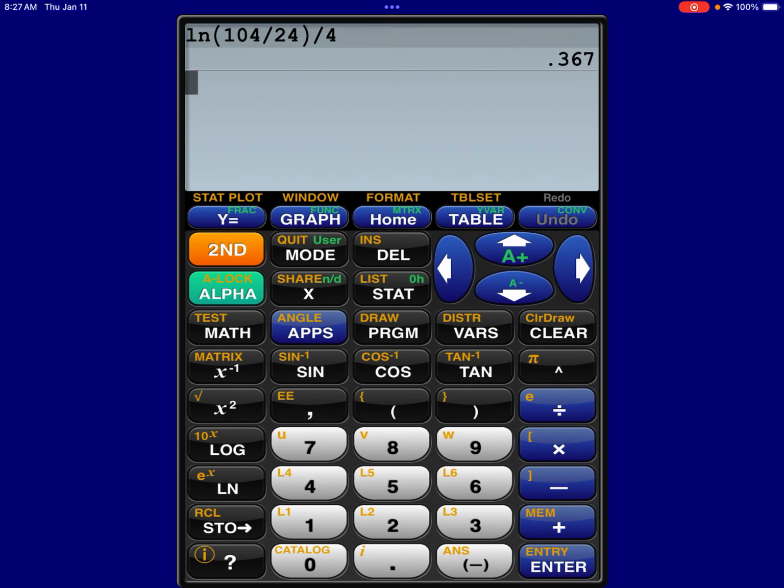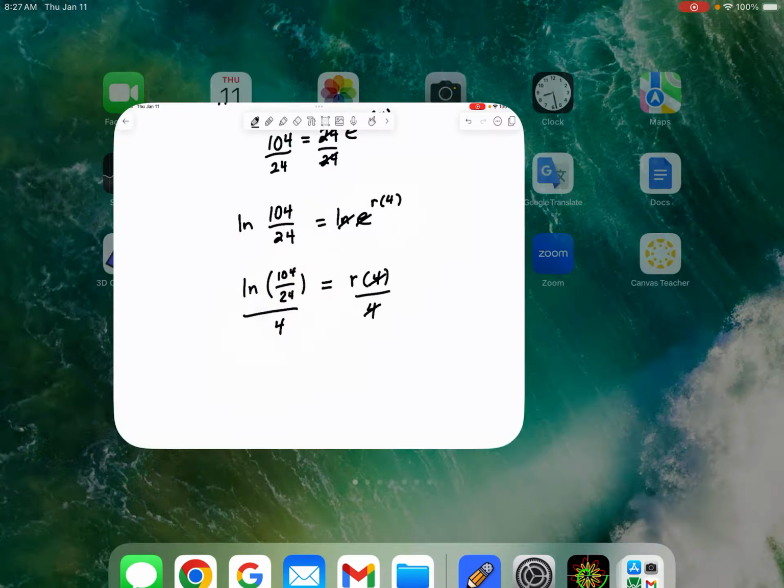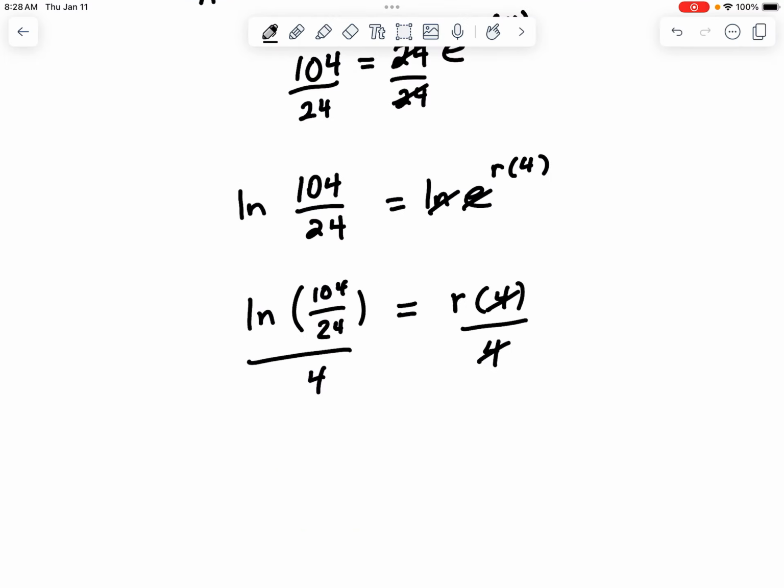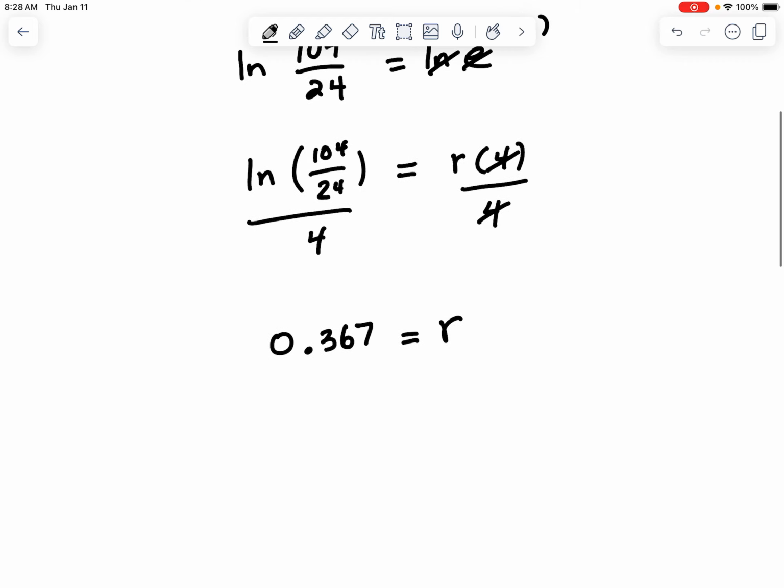So I'm going to be using 3 decimals, and that's going to be R equals 0.367. Okay, so that means that in general, our function is the amount of frogs will be the starting amount 24 times E raised to the 0.367 times T, where the T is in years.